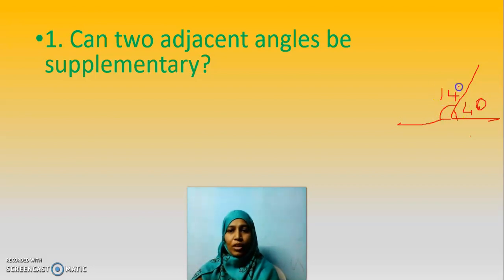They have a common vertex, they have a common arm. If I add both, the other two arms, this arm and this arm, are lying on either side of this common arm. This is the common arm. So these two are adjacent angles. If I add them, I get 180 degrees. That is the condition for supplementary, isn't it? So two adjacent angles can be supplementary.